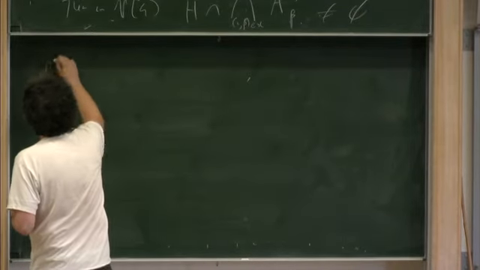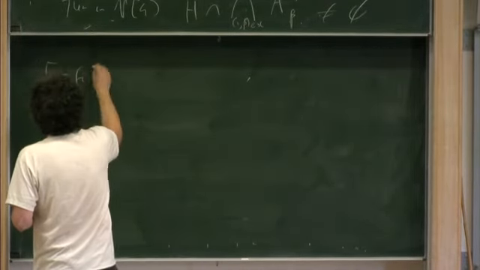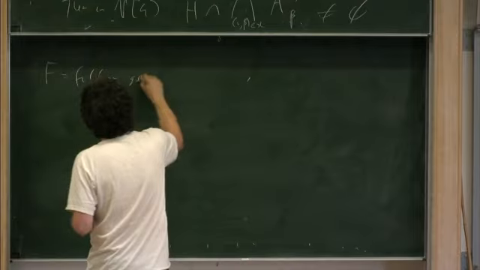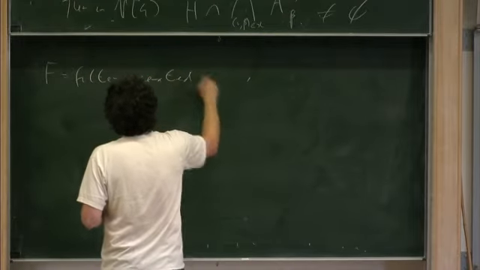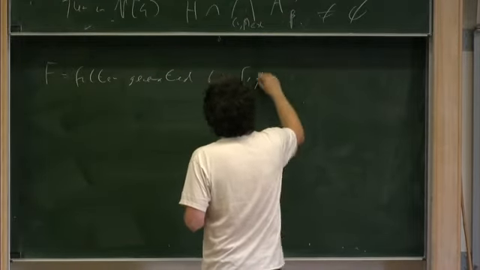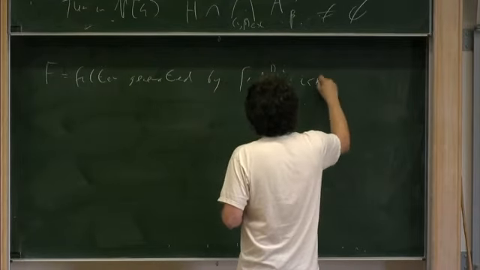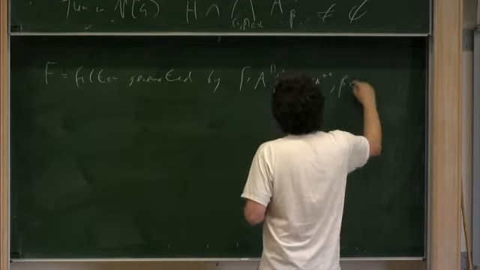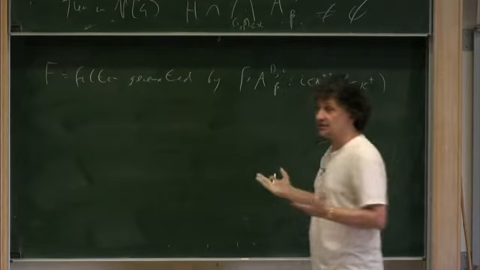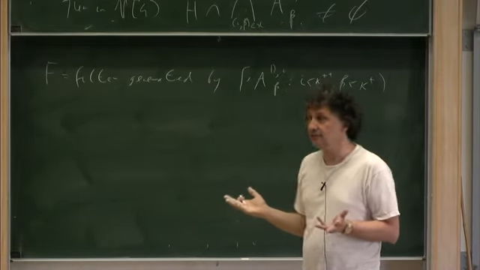We're going to let F be the filter generated by all of these altered sets. We're just going to take all of them.